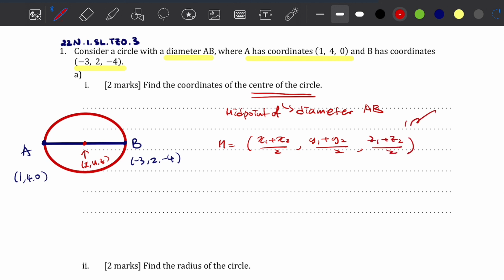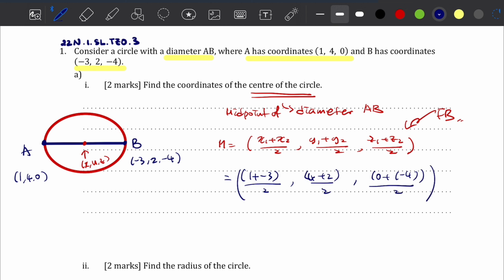This is in your formula booklet, right? So we can say 1 plus -3 divided by 2, 4 plus 2 divided by 2, 0 plus -4 divided by 2. Then we get (-1, 3, -2), and this is the center of the circle.